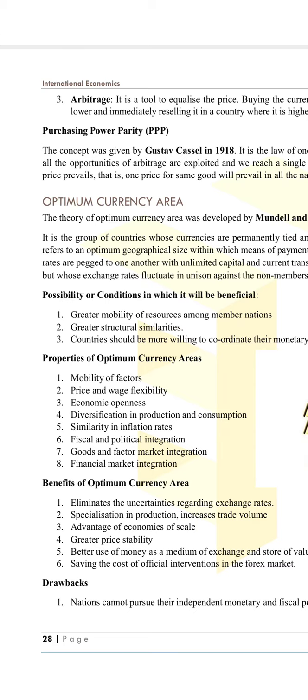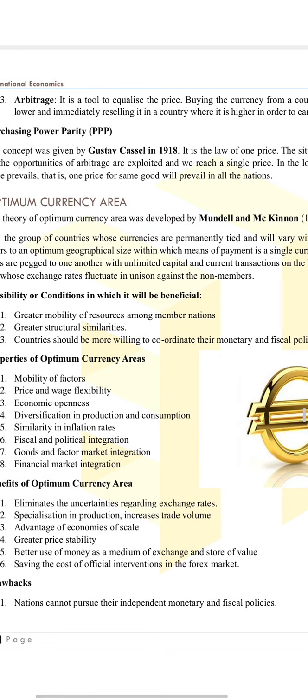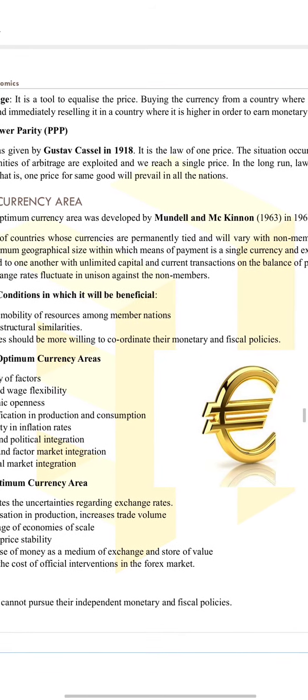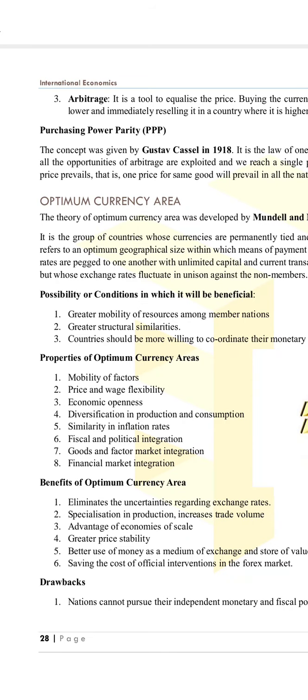The possibility or condition in which it will be beneficial: greater mobility of resources among member nations, greater structural similarities, and countries should be more willing to coordinate their monetary and fiscal policies.